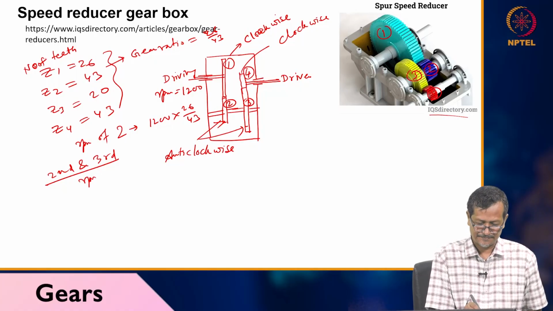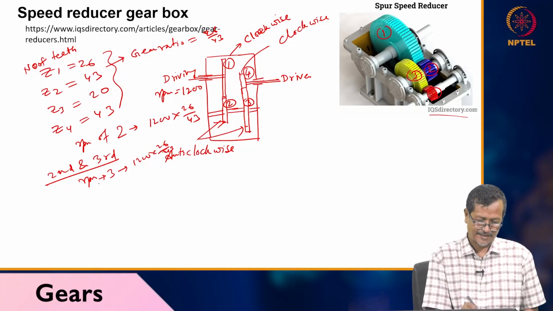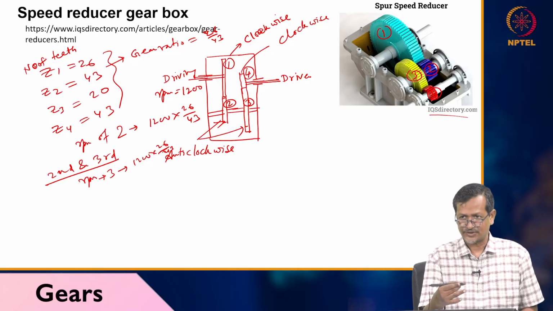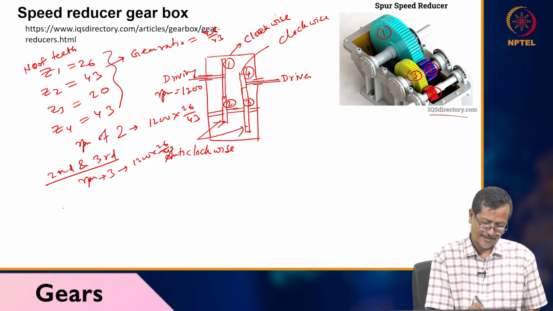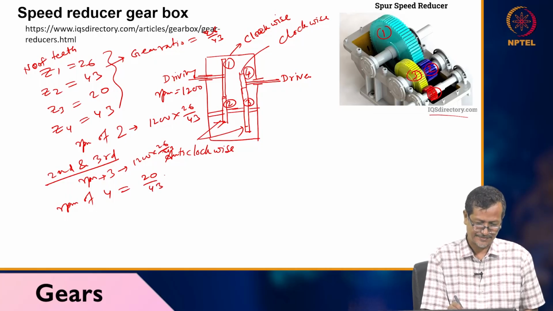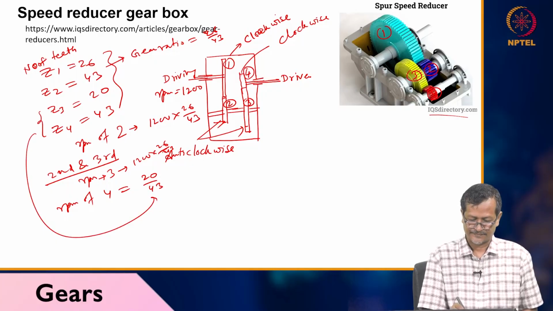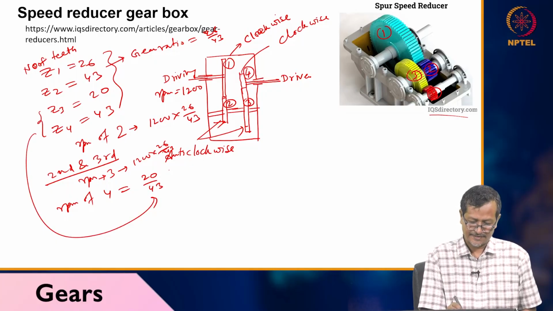So RPM for 3 is 1200 into 26 by 43, the same, there is no change, and direction is also the same. RPM of 4 uses 20 by 43, you can see this one. So 20 by 43 into 1200 into 26 by 43.